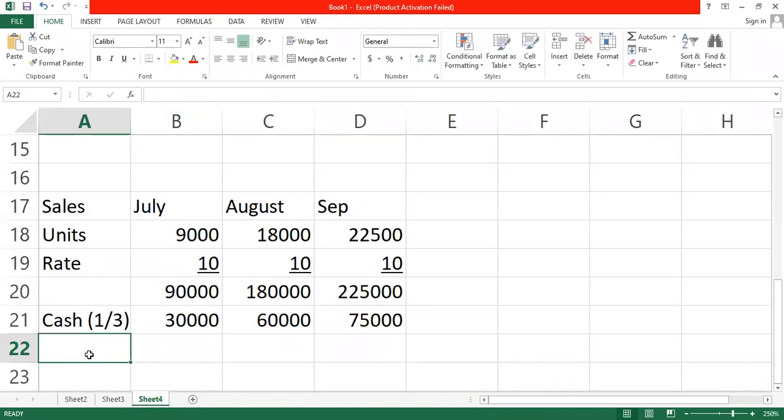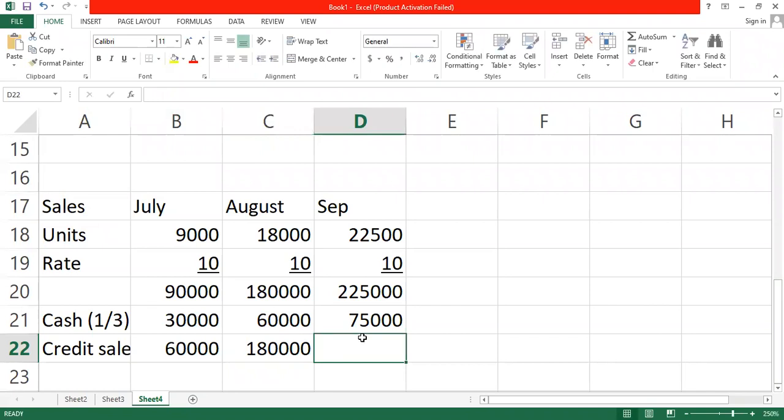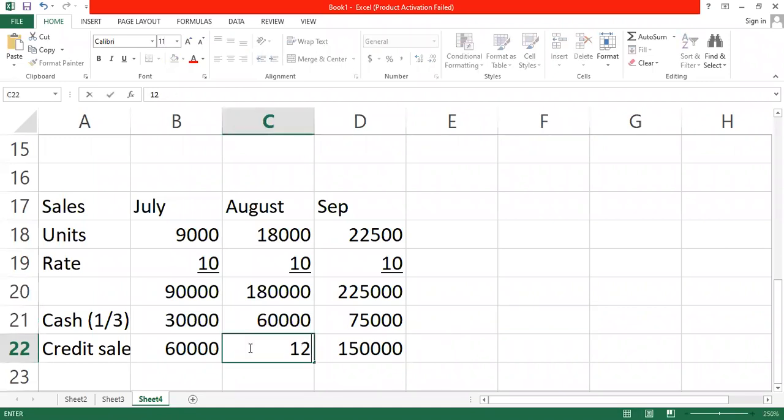Am I correct? Someone should check. So credit sales will be 60,000. This will be 180,000, and this will be 150,000. I hope I'm correct there. Credit sales for the month of August will be 120,000.